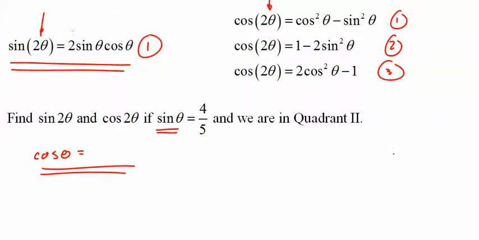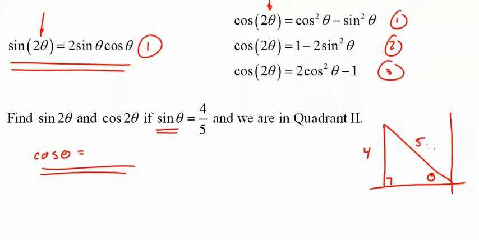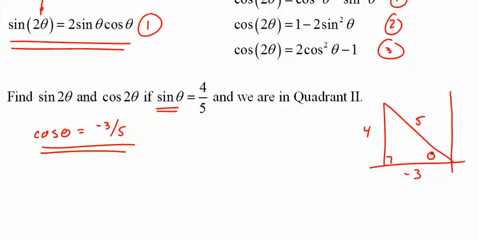The angle itself is in quadrant 2, and sine of theta is 4 over 5. It's a 3, 4, 5, but we're in the second quadrant, so the x value is negative. Cosine of theta, therefore, equals negative 3 over 5. And this is used to find sine of 2 theta and cosine of 2 theta.